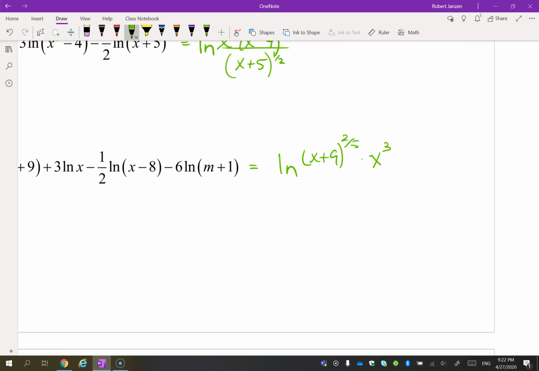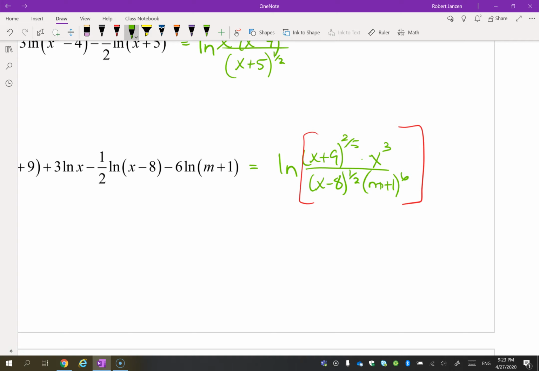Oops, no, I don't want it there. I want it here. Even though it's not written, we've got like brackets like this. So this is x minus 8 to the power of a half, and m plus 1 to the power of 6.